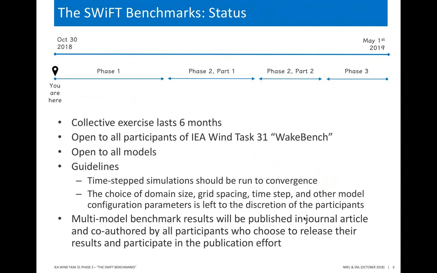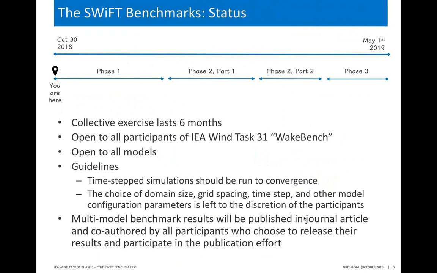Other things pertaining to the configuration of the model are also left to the discretion of the participants, like domain size, grid spacing, and time step. All of these are things you can tweak during the first phase of the benchmark, which I'll describe in the next slide.